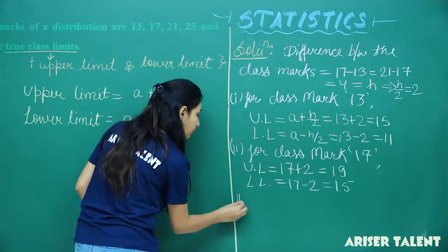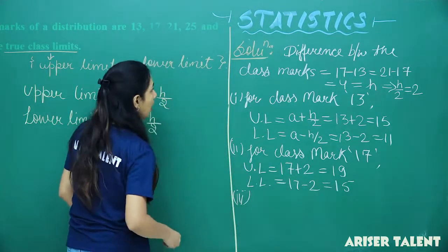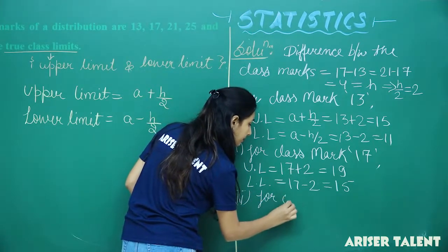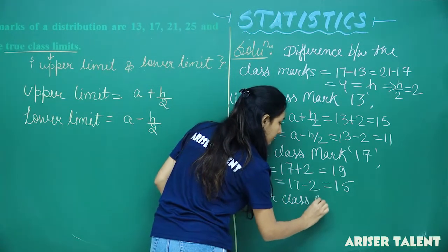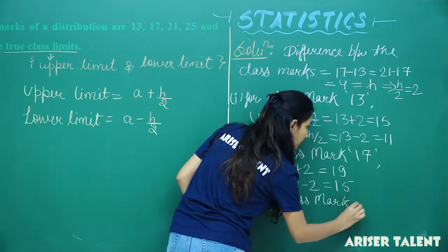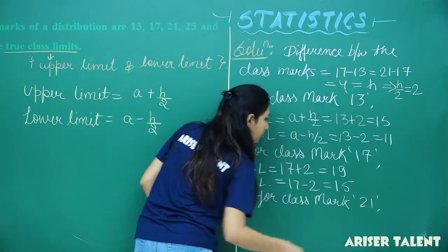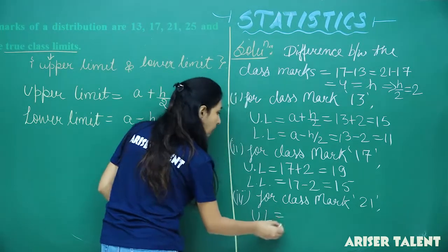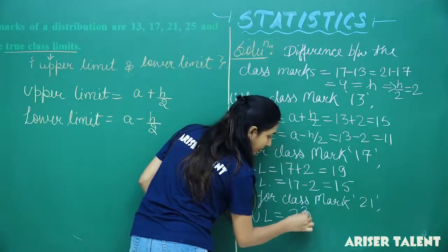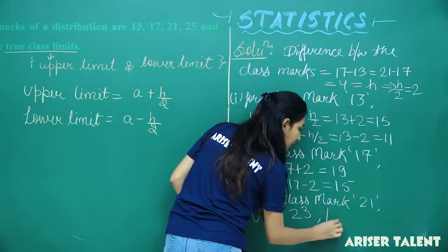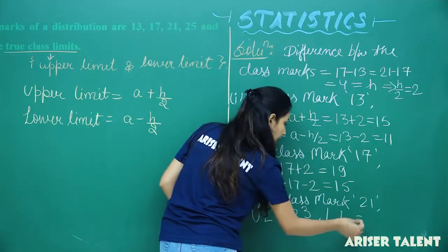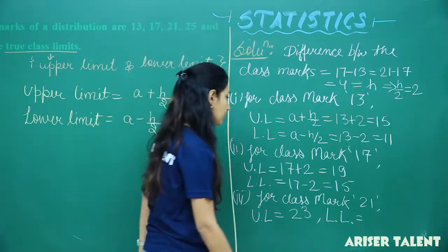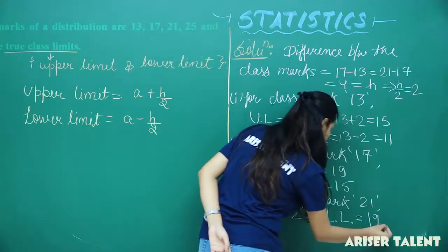And if I go with the next one, which is class mark 21, the upper limit will be no doubt 23 and the lower limit, you can do it like this only, because you have to add and subtract 2 from both of these. So, that will be 19.